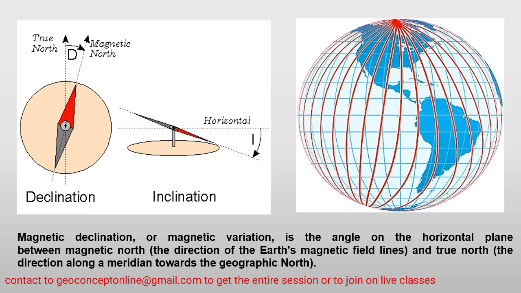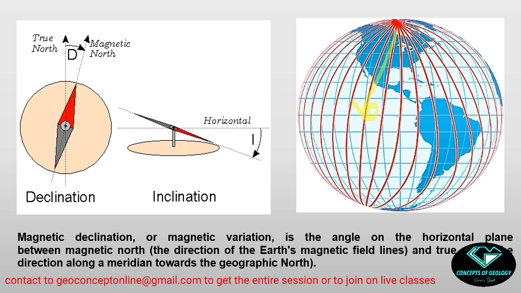So the angle between the geographic north pole and the magnetic north pole is called the declination. Suppose in the globe my position is here. When I am standing here, my magnetic needle will be directed towards the red line. The red lines show the magnetic force lines, okay.